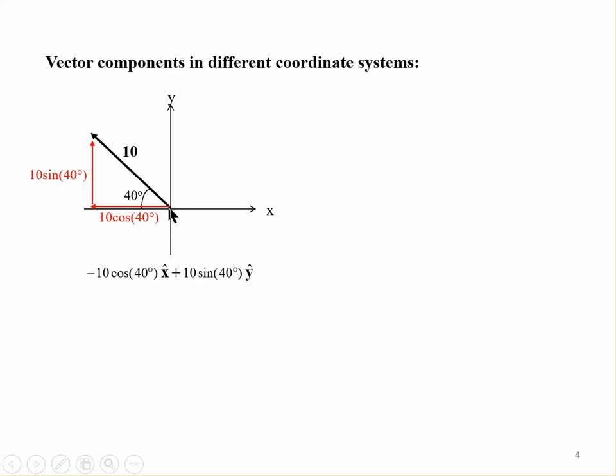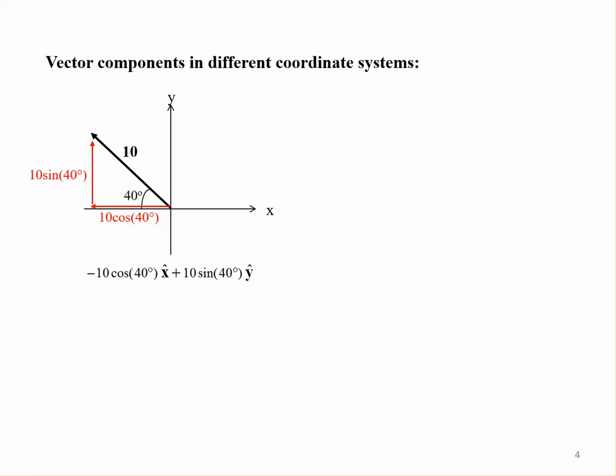But I have to walk this way, so this vector is size 10 cosine 40, but it points in the negative x-hat direction. It points to the left. And likewise, this vector here has size 10 sine of 40, and it points in the positive y direction. So I write it as 10 sine of 40 in the positive y-hat. So I've just successfully broken up this vector into its x, y components.